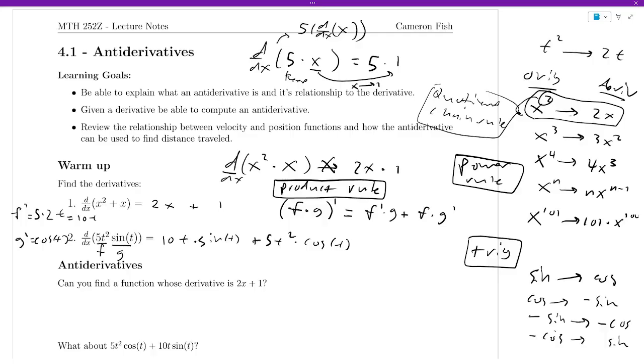I noticed I didn't actually have that one on my list of power rules over here, so I'll just include it. x by itself goes to 1. You could think of it like this one if you imagine n is 1, because you could secretly imagine an x to the 1 right there. I'll let you think through what would happen if n is 1.